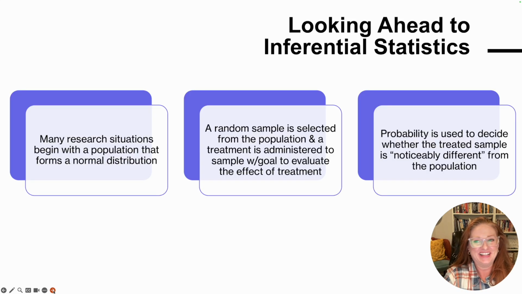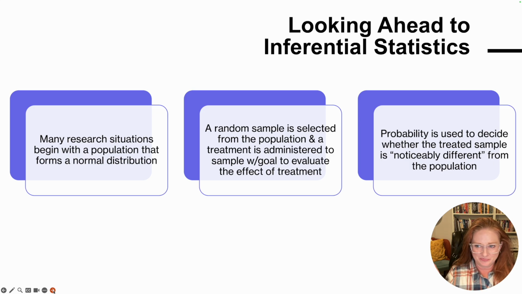Just a quick peek into looking ahead. Many research situations begin with a population. Absolutely, humans, regardless of the topic, we form ourselves into an interval distribution. We can't deal with the population because of resource allocation considerations, so we deal with a sample. We grab a sample and then we administer a treatment.